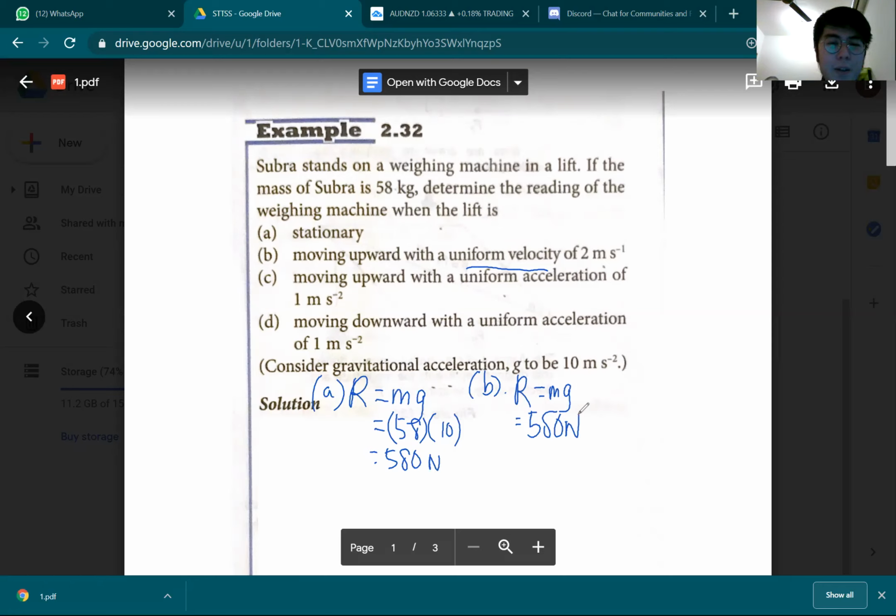C, if the lift is moving upward with a uniform acceleration of 1 meter per second squared. Accelerating upward, so which one do we need to take? For accelerating upward, you have R equals mg plus ma.